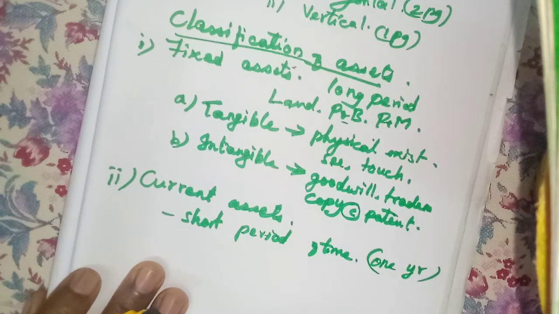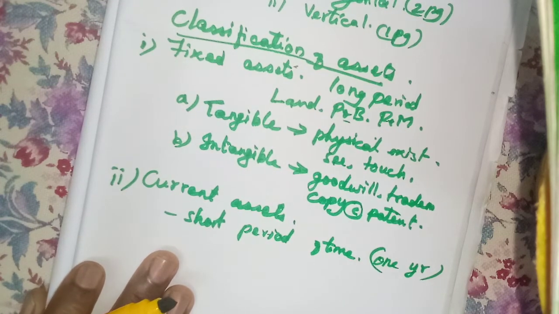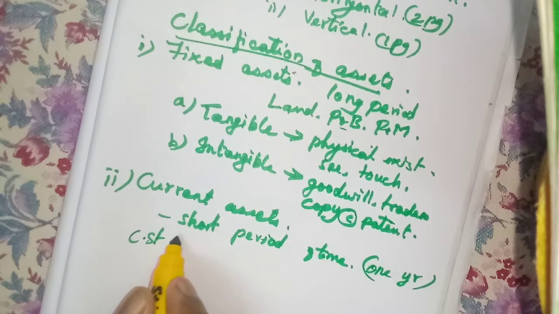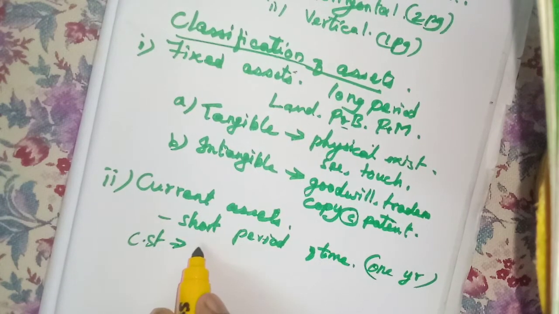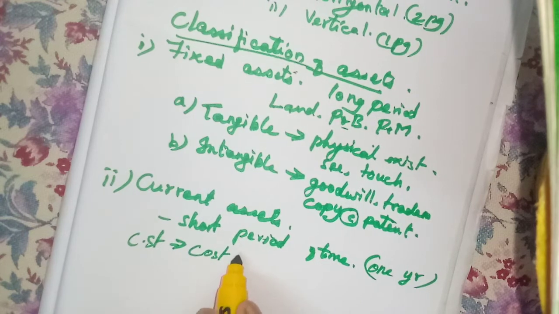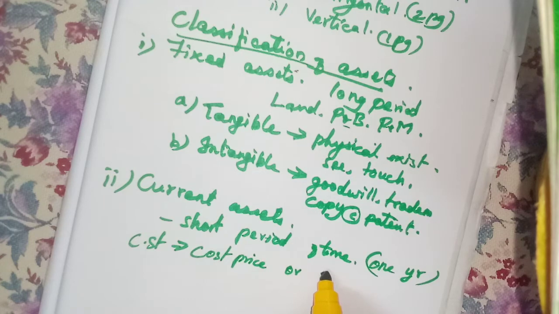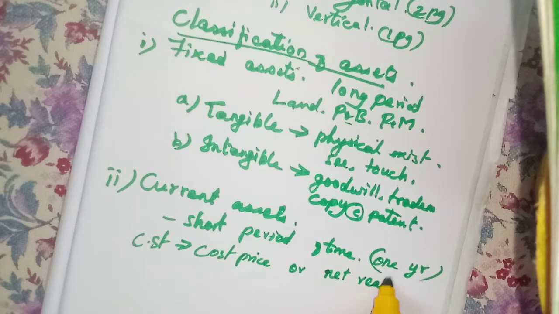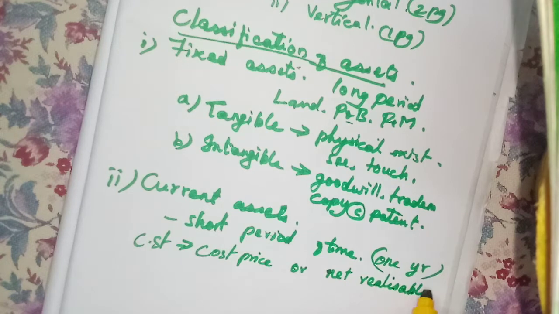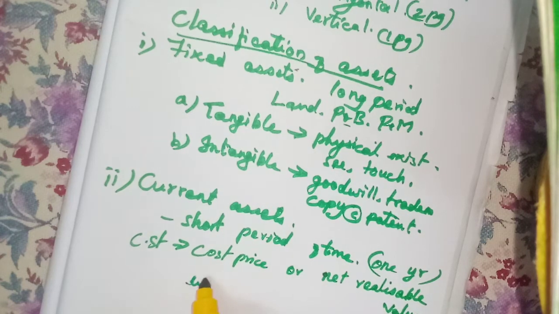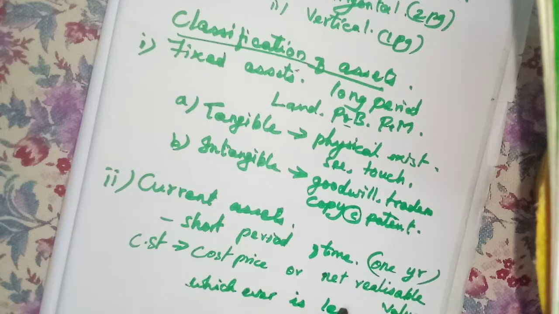Here that closing stock is there, but how will they value the closing stock? They will value either at the cost price or the net realizable value, that means simply market price, the value at which we can sell. Cost price or market price, whichever is less.